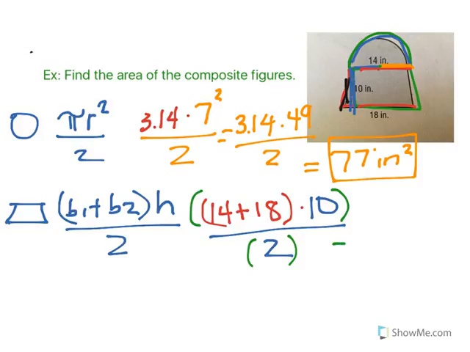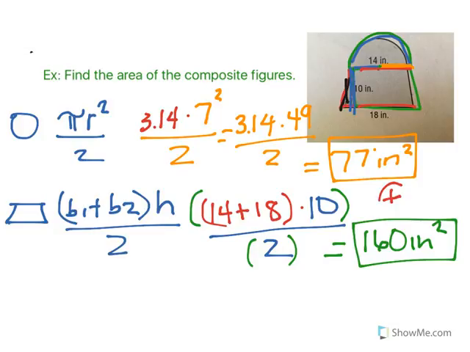When you solve that out, you're going to get 160 inches squared. Then all we're going to do is take these two and combine them: 77 plus 160. So our area is about 237 inches squared.